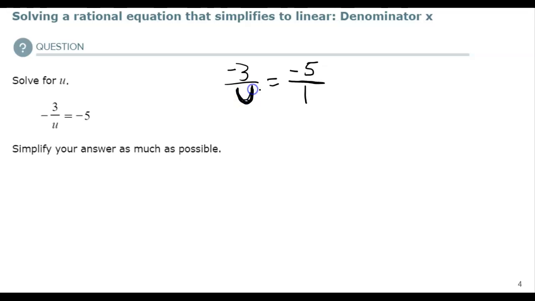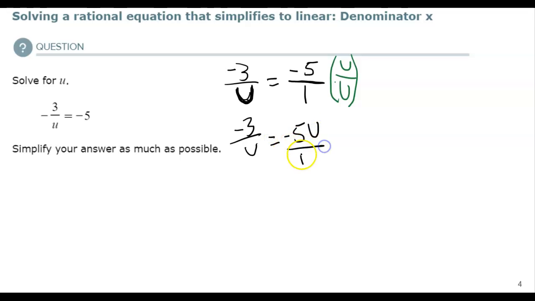So I need the denominators to be the same. The smallest thing that both u and 1 go into is u. So this already has a 1 and a u. This just needs a u over u. So what this ends up looking like is 3 over u equals negative 5u over u.